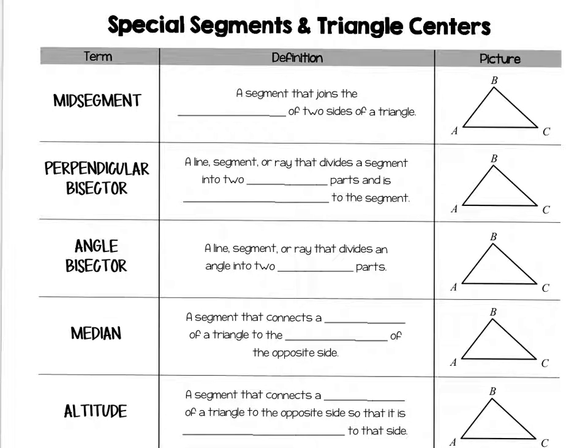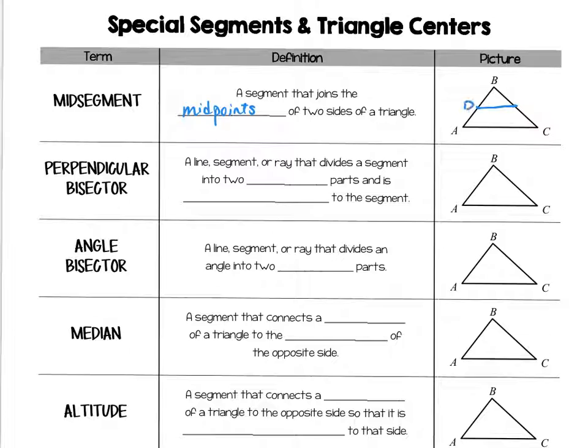A mid-segment is a segment that joins the midpoints of two sides of a triangle. In other words, find the midpoint of one side AB and the midpoint of the other side BC, and now join the two points.